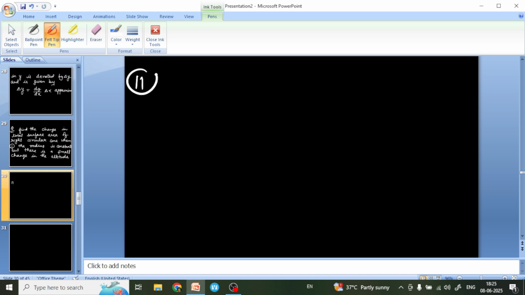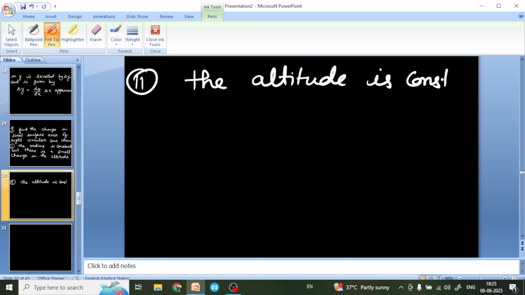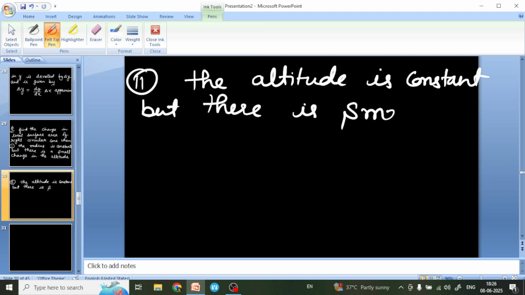Second, the altitude is constant, but there is a small change in the radius.